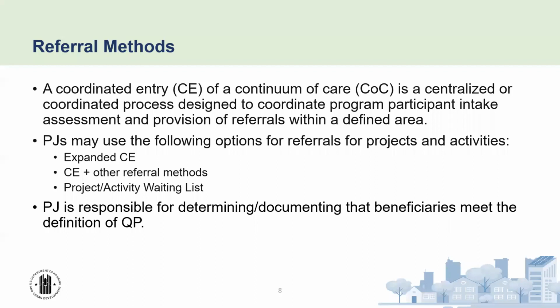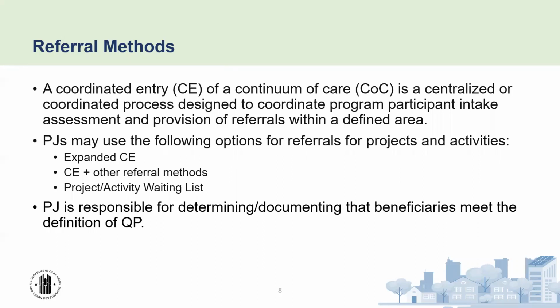Because this does not always line up perfectly with your jurisdictional borders and boundaries, and the qualified population goes beyond what most COCs serve, PJs can use the CE to refer projects and activities if it's expanded to serve all the QPs in the HOME-ARP.